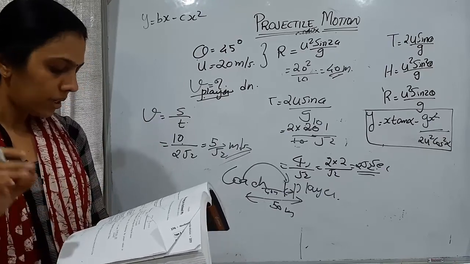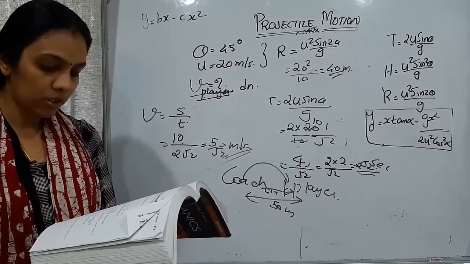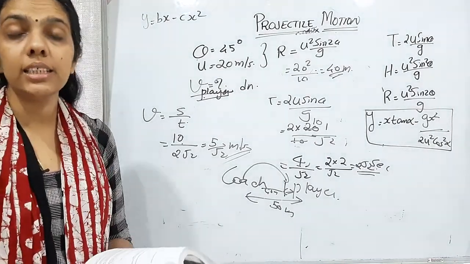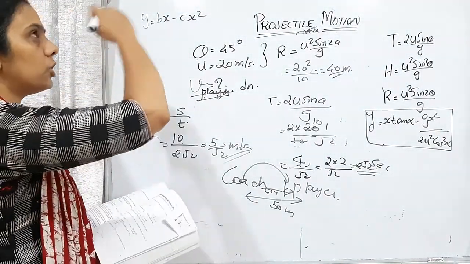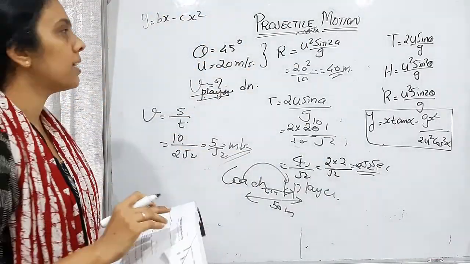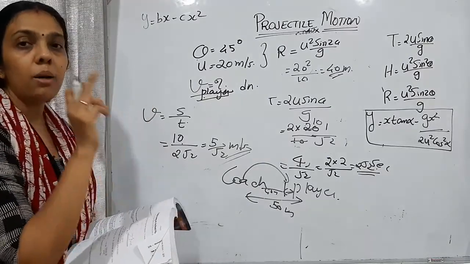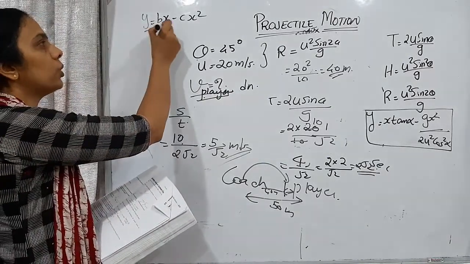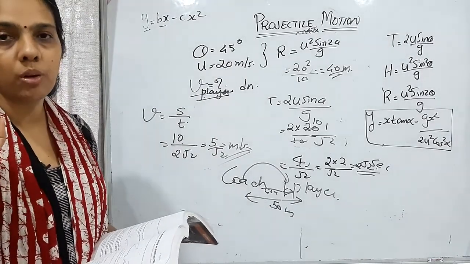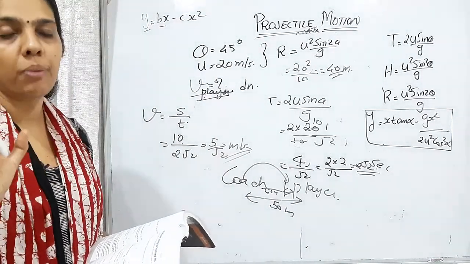So a particle moves in the xy plane with constant acceleration directed along the negative y-axis. So from the top it is coming in the downward direction, negative y-axis. So here it will be a projectile motion. If the equation is of the form y is equal to ax plus bx square, then it will be the equation of a parabola.